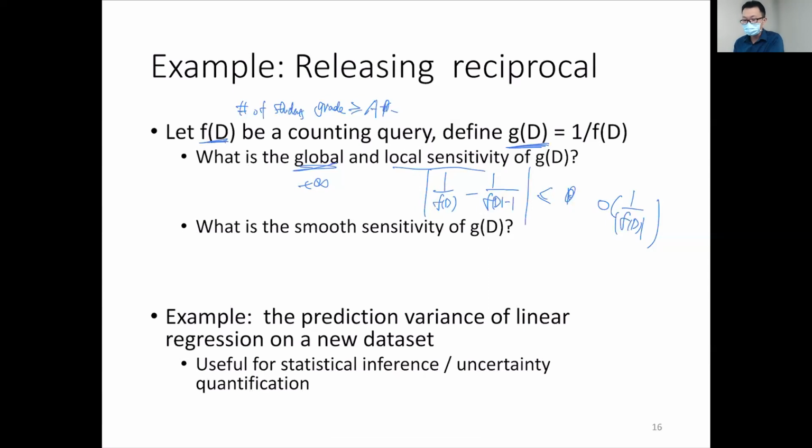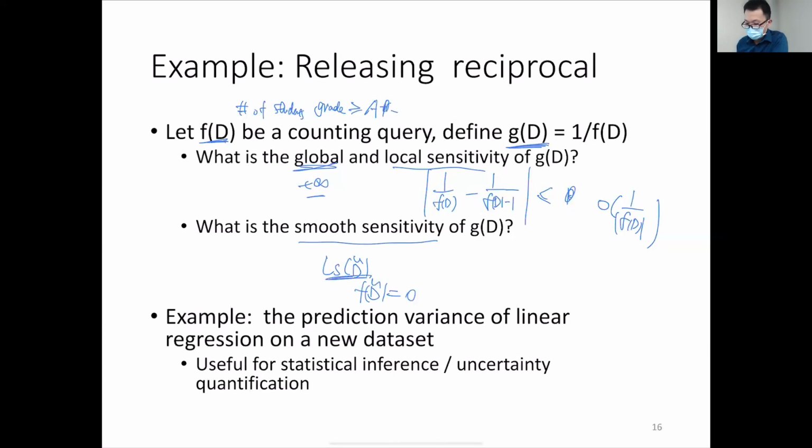But how about the smooth sensitivity here? Because the global sensitivity is plus infinity, for any data set we can always swap up to n steps towards something that's completely zero. So you'll end up getting the local sensitivity of this pathological data set where f of d is equal to 0.